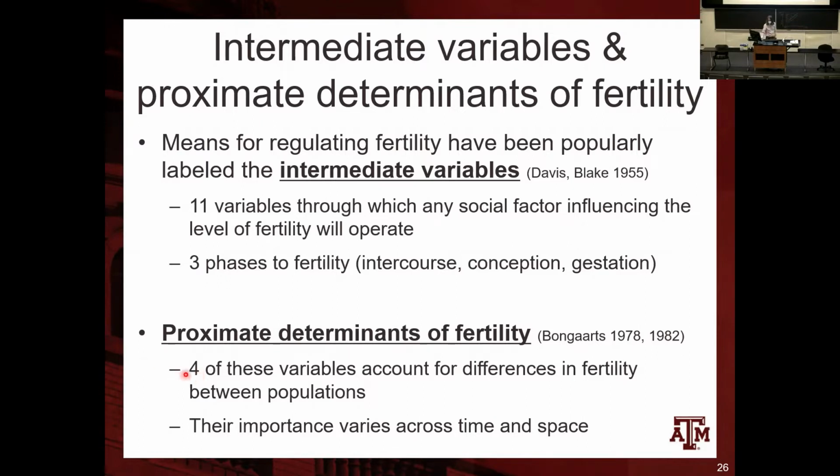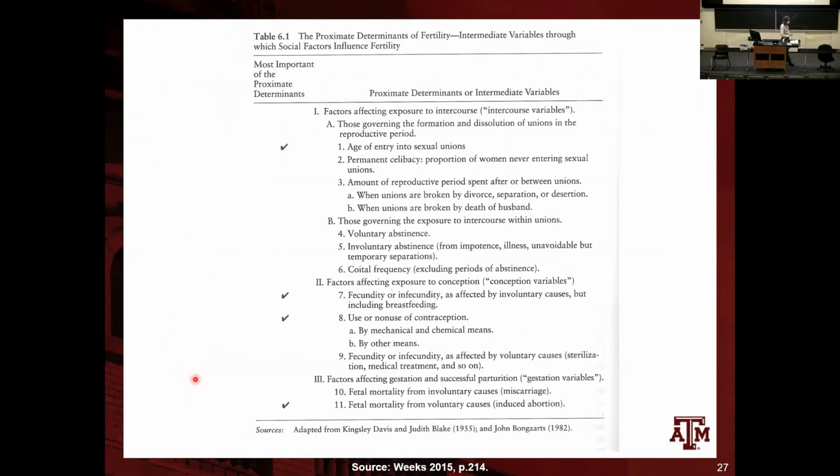And of course, the importance of each one of these 4 variables varies across time, populations, and space, okay? The 11 variables discussed by Davis and Blake are the ones listed here. They are grouped under intercourse variables, conception variables, and gestation variables.